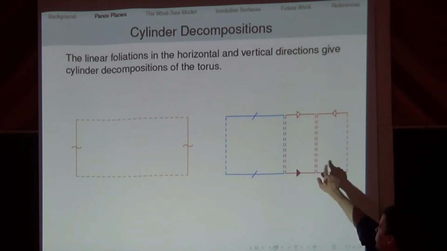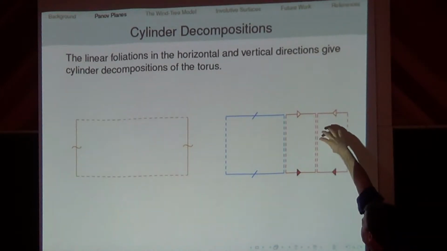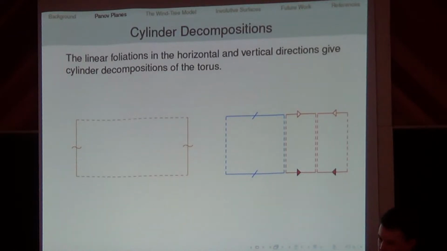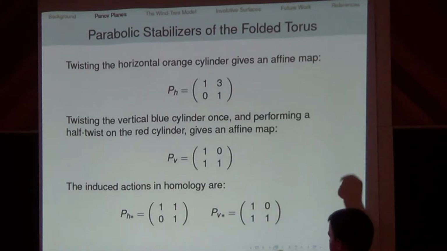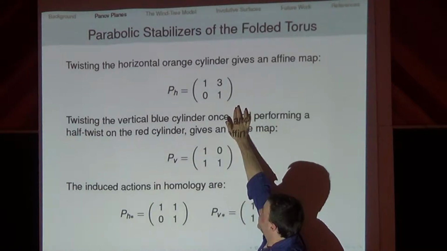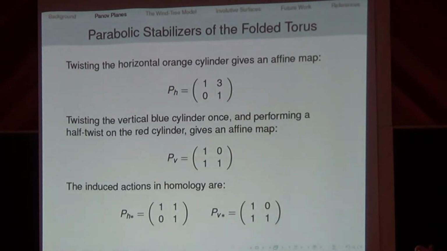This may look like three cylinders here, but because of these identifications, I can take this piece of the cylinder and rotate it down to get a tall, skinny cylinder. Then we'll consider a single twist of that horizontal cylinder, and then a twist of the blue cylinder that's only a half twist of the red cylinder.